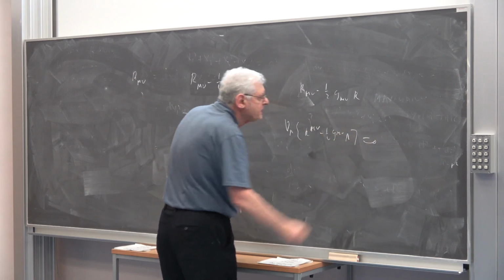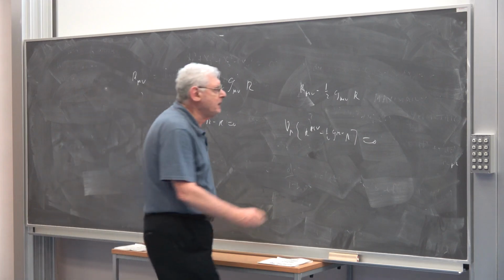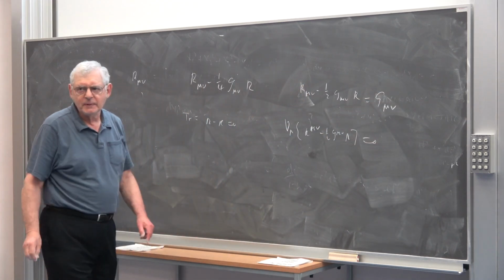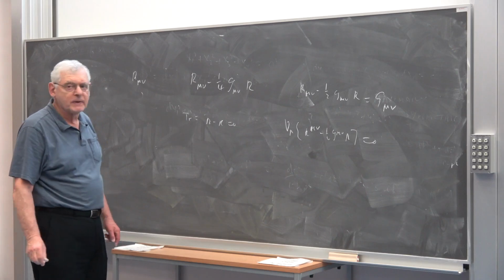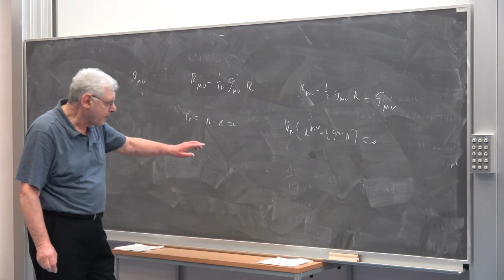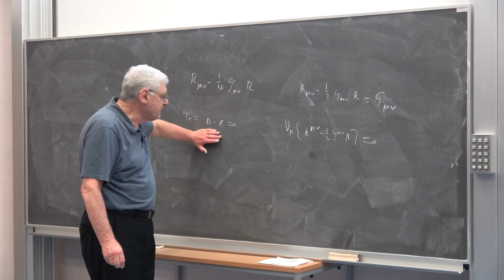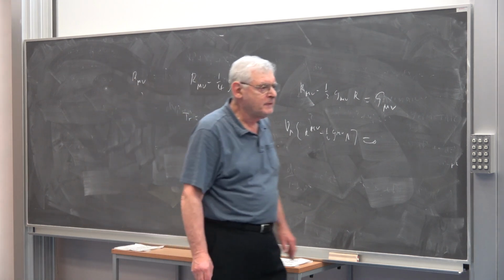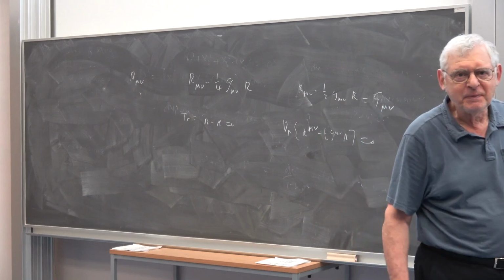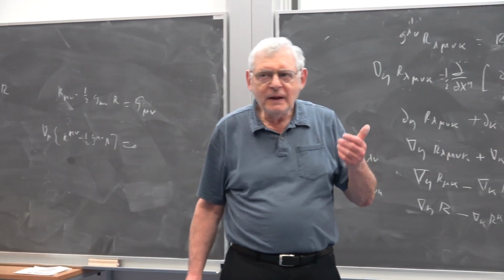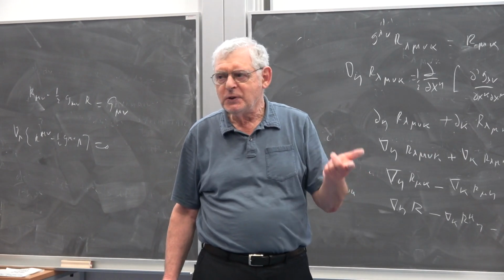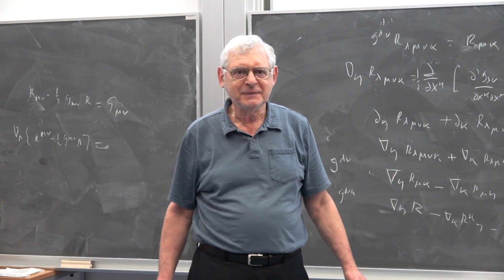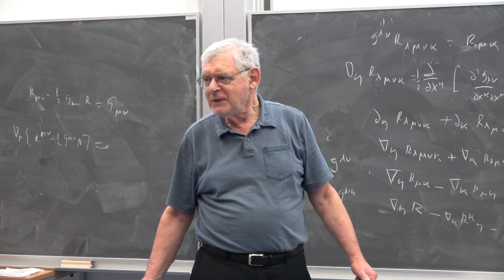This one is covariantly conserved. This quantity is known as the Einstein tensor, G mu nu. Now, this one is traceless, this one is covariantly conserved. Now the question is, which one is the better one to use? Well, the energy momentum tensor of electromagnetism is both traceless and conserved. So you still have a choice.